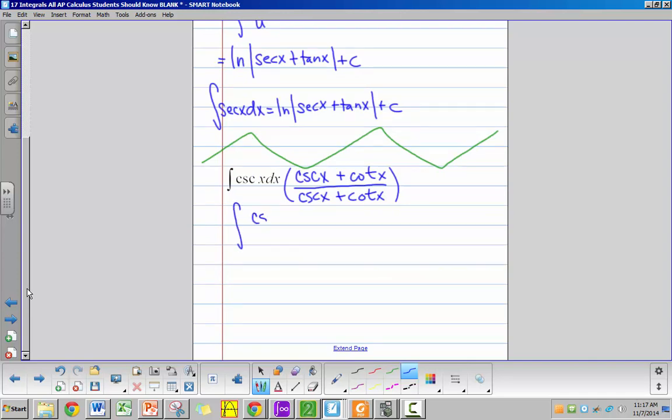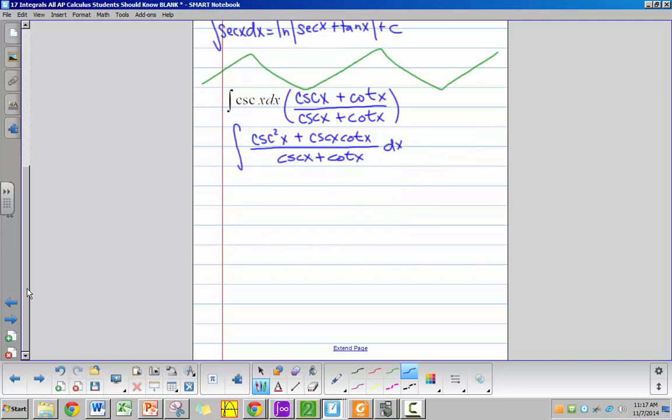So multiplying that out, I get cosecant squared x plus cosecant x cotangent x all over cosecant x plus cotangent x. And I've set myself up here to be able to use the denominator as my u, which is cosecant x plus cotangent of x. And then du is going to be negative cosecant x cotangent x minus cosecant squared x all times dx.